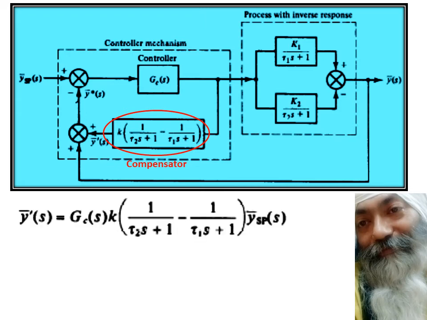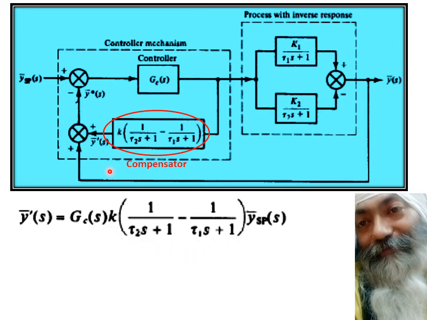We see over here that the output of this compensator is given by y dash s, and this y dash s is nothing but you take the change in set point multiplied by Gc and you multiply by this compensator. This is the set point change, this is Gc, and you have the compensator over here.